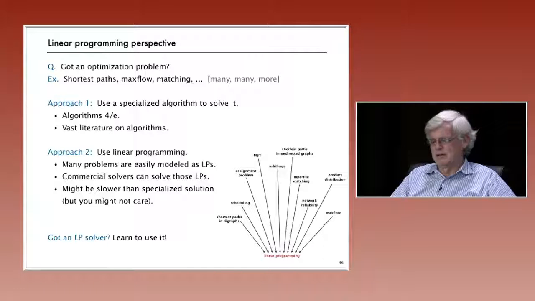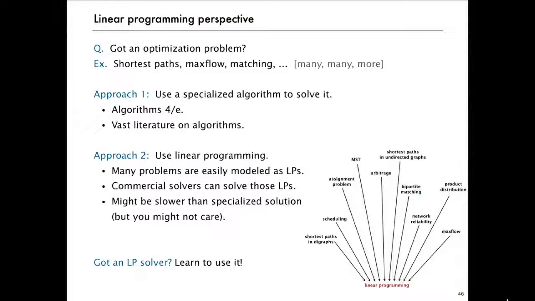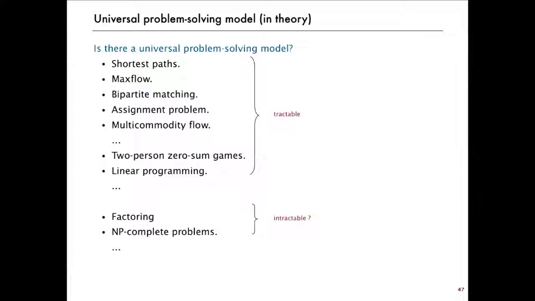Really the takeaway from this is there's a lot of problems that reduce right to linear programming. And we've got a fast way to solve it. So that's a powerful problem-solving model with broad scope. We can solve it, and we can reduce a lot of important practical problems to it, and that's why it's important.